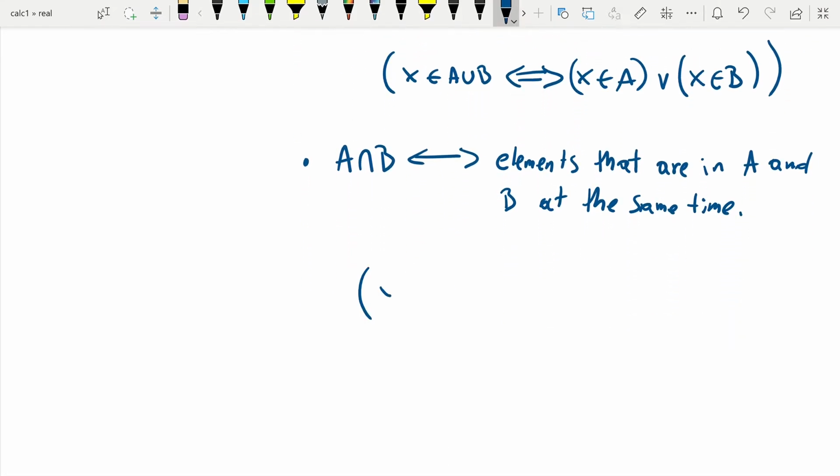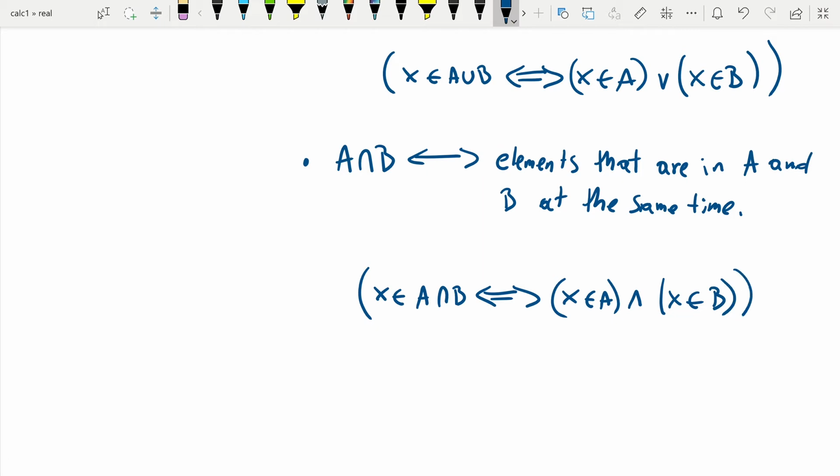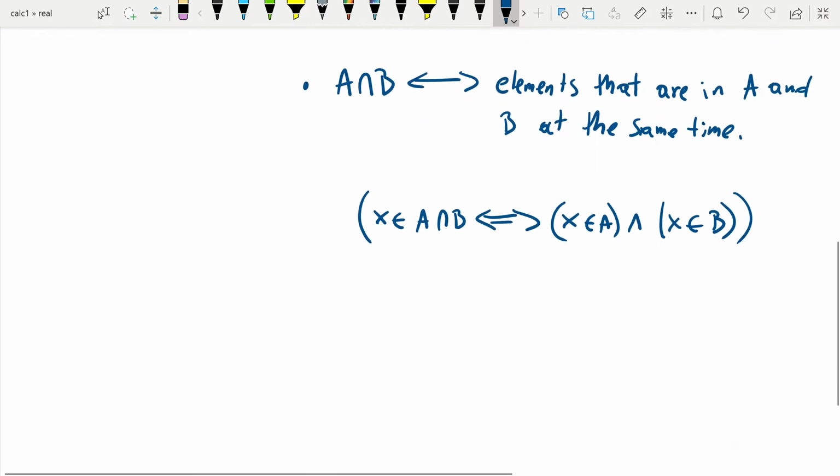Again, there's a proposition associated to that, so the logic statement related to that is that x belongs to the intersection of two sets if it's in both of them. So x belongs to the intersection if and only if x belongs to A, and also x belongs to B. So x can fail to be in the intersection if it's not in one of these two sets. It needs to be in both at the same time.